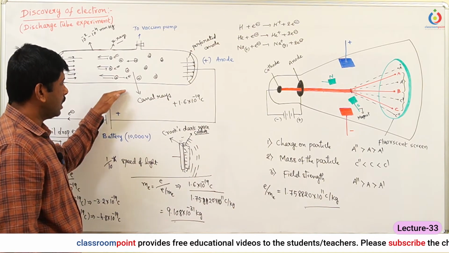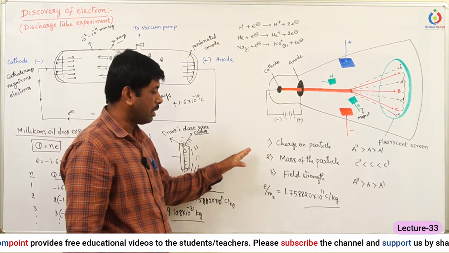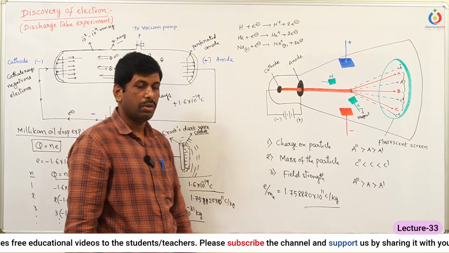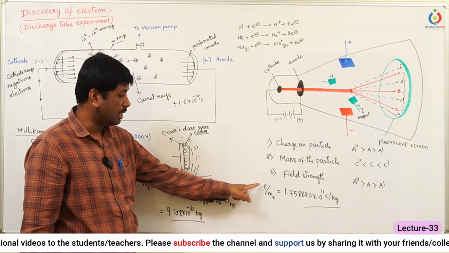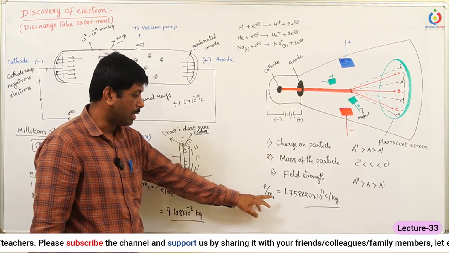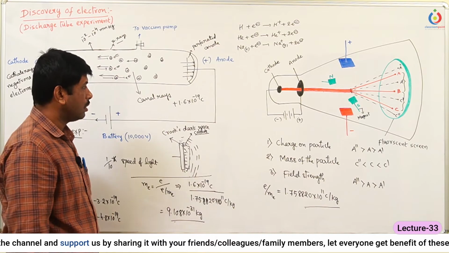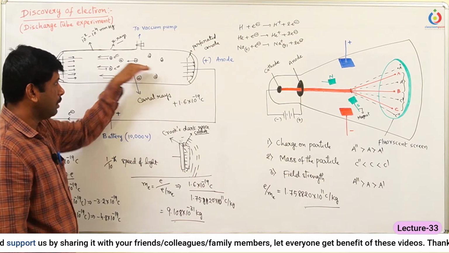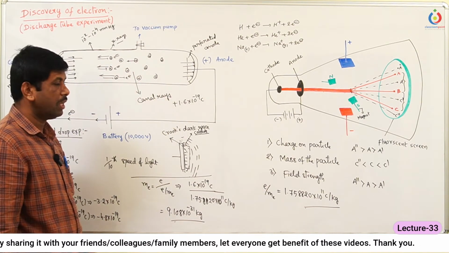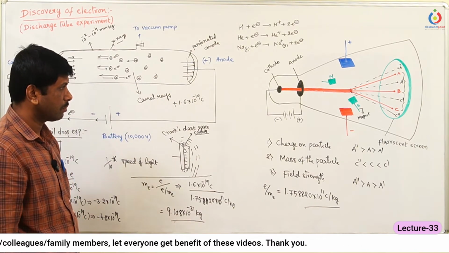But here the charge to mass ratio of canal rays is less than the charge to mass ratio of electrons. Why? Because in the charge to mass ratio, the charge quantity is the same for both electrons and protons, but the mass of protons is a little heavier than the mass of electrons. That is the reason both speed and charge to mass ratio of the canal rays are less than those of electrons.